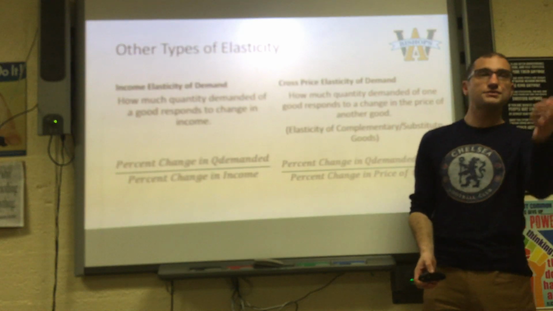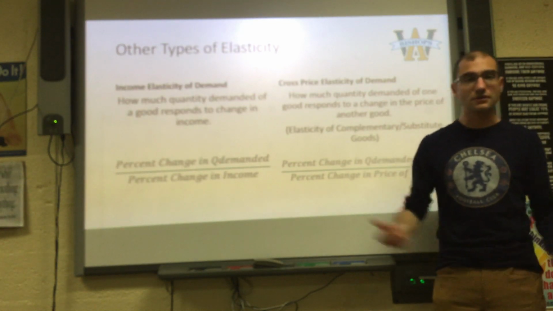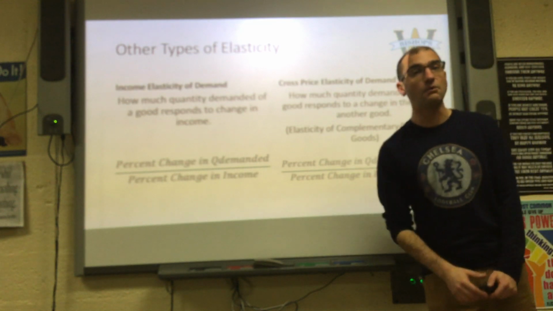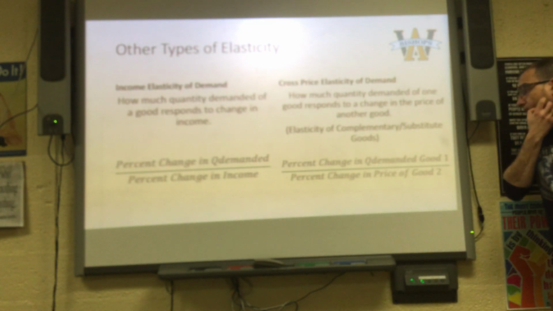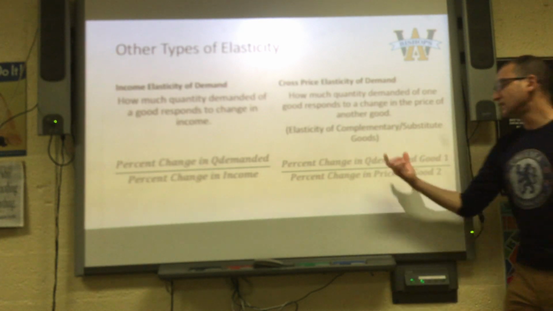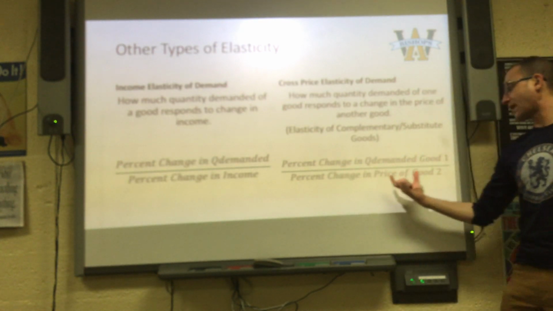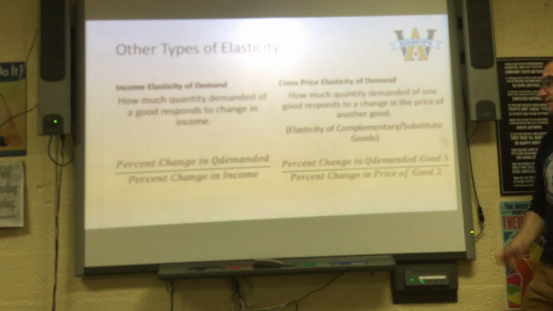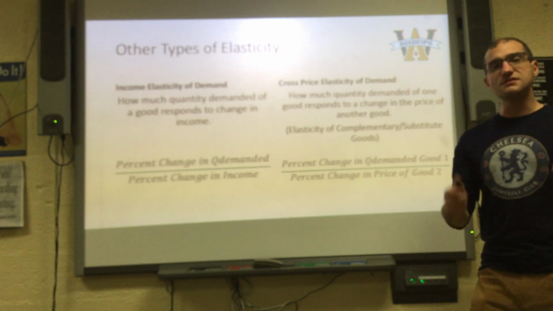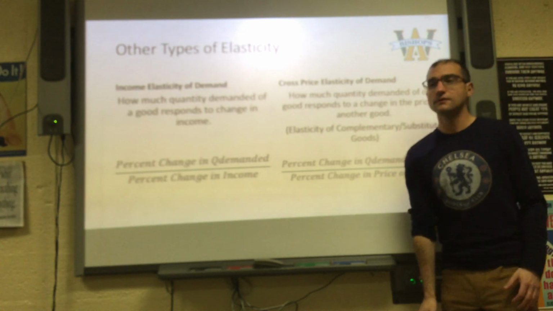Or what will that do for the demand for hamburgers? How sensitive am I, how quickly am I to swap these things out? And so this is percent change in the quantity demanded of the first good divided by the percent change in the price of the second good. We'll do a little bit on this, but the price elasticity is the much more important thing.